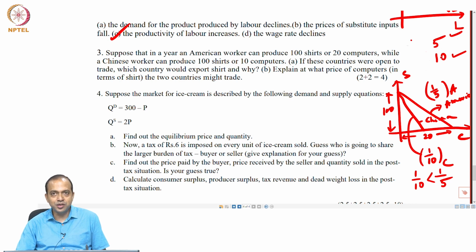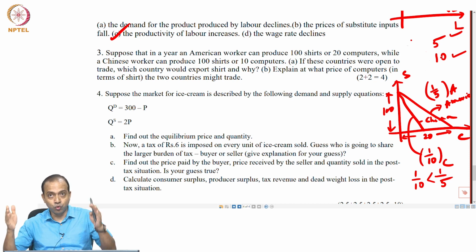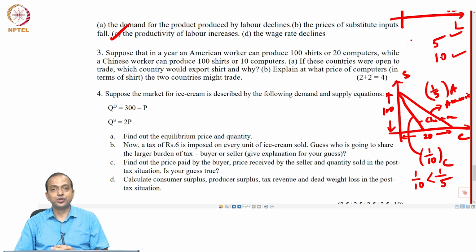Any price in between 5 and 10 should be an acceptable price for trade to happen. Is this clear? So, the price must lie within the two opportunity costs.